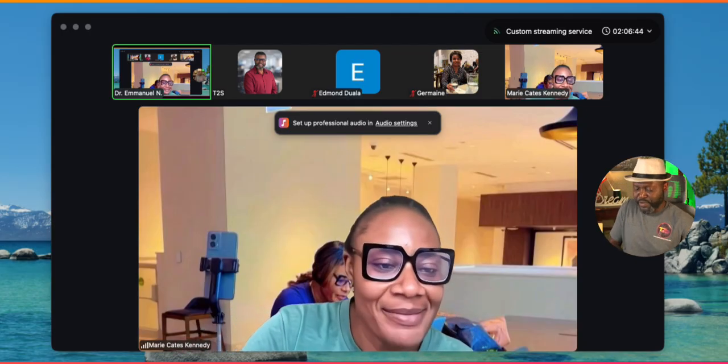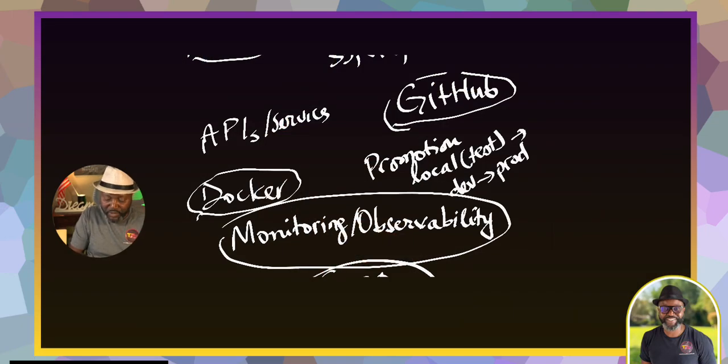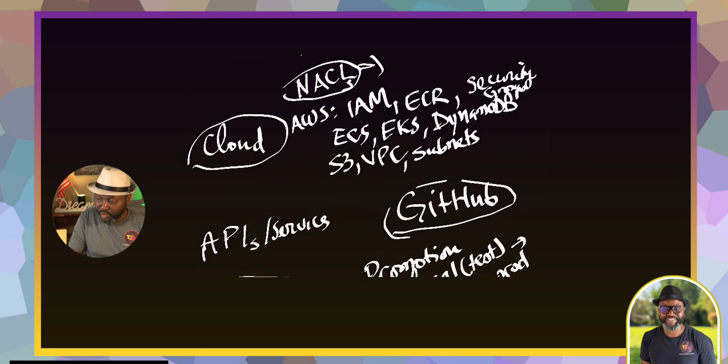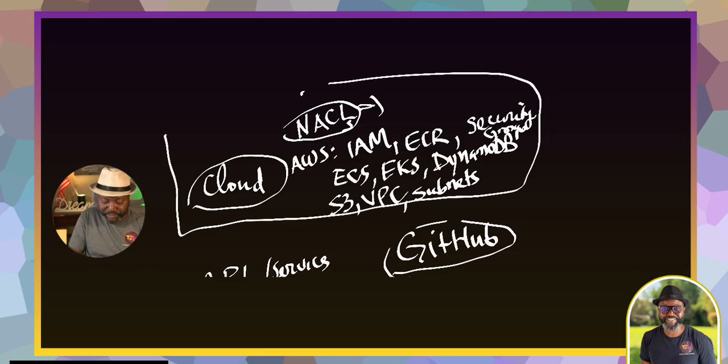Let's go back to our writing board here. So I think you all have some understanding of this, right? This is how you organize your environment on the cloud, and the tools.